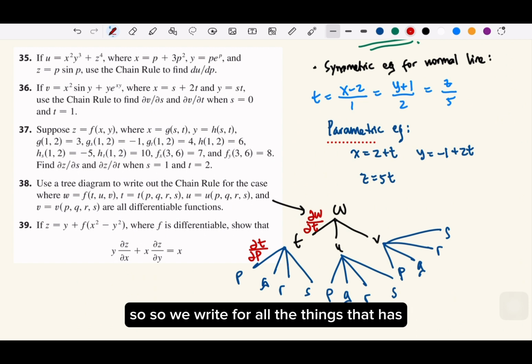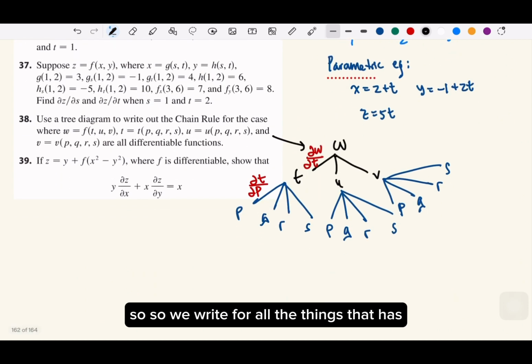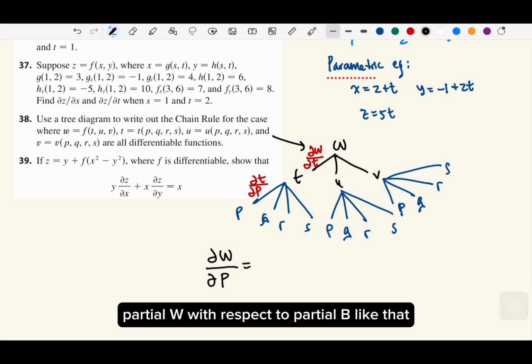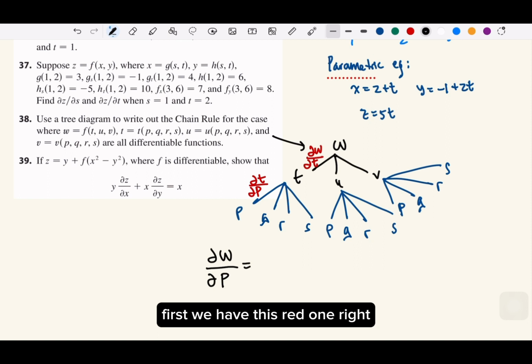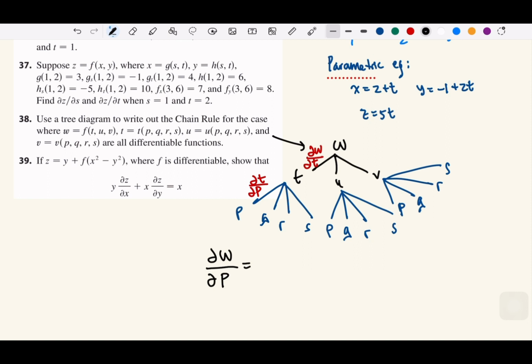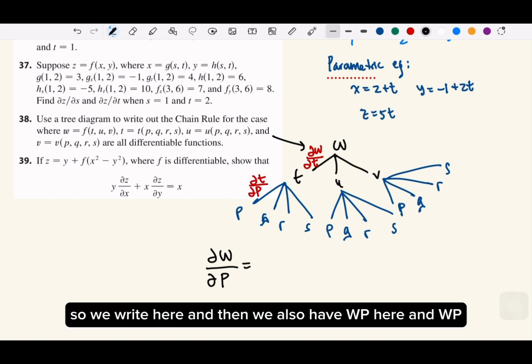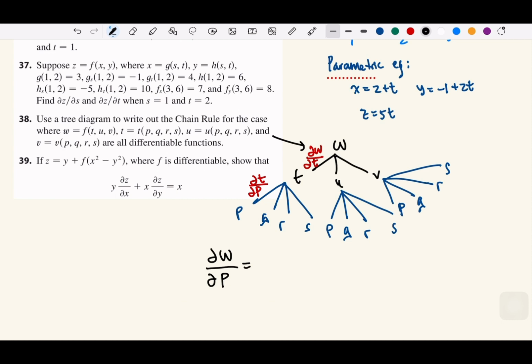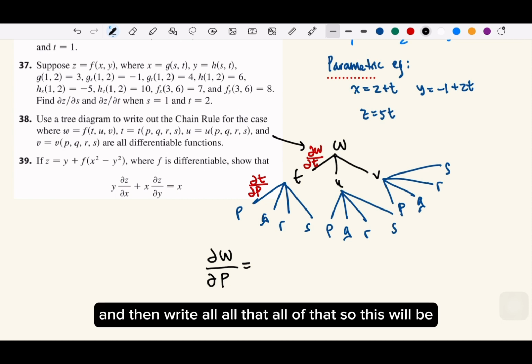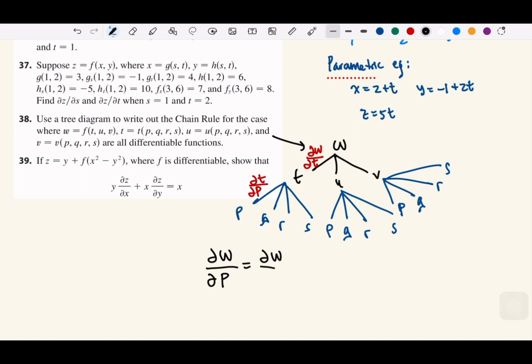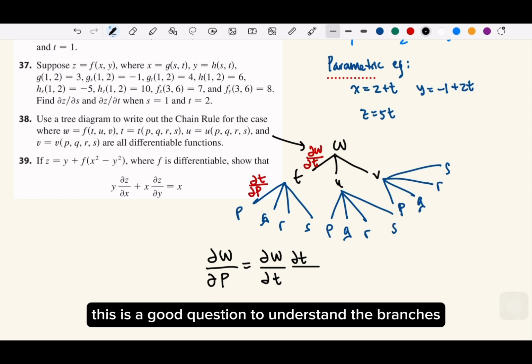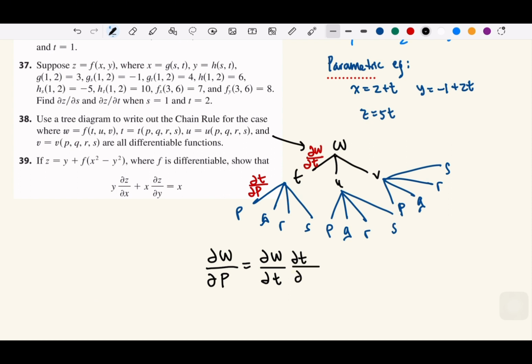So we write for all the terms that have partial W with respect to partial p, like that. First, we have this red one, right? So we write here, and then we also have this one and this one, so we have three components. Then write all of that. This is a good question to understand the branches.